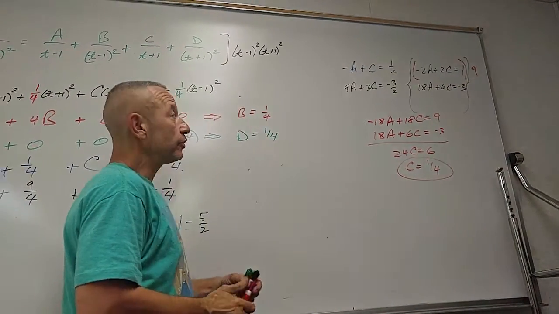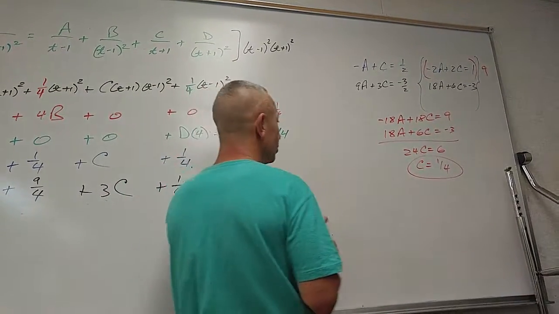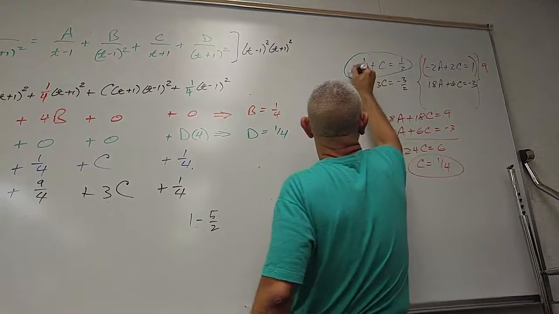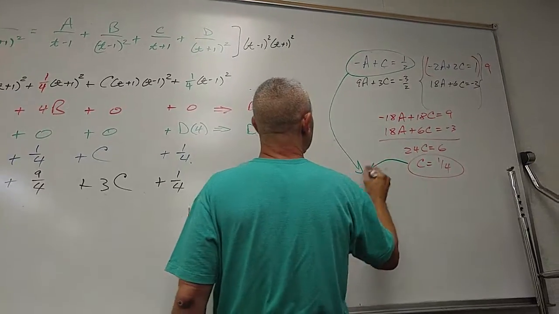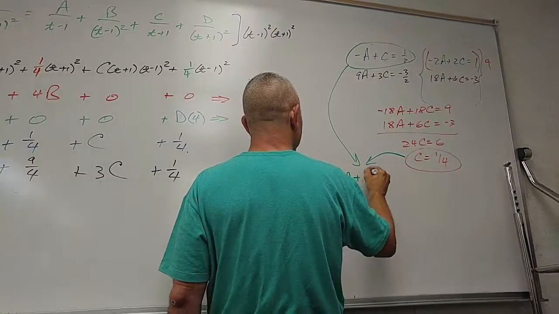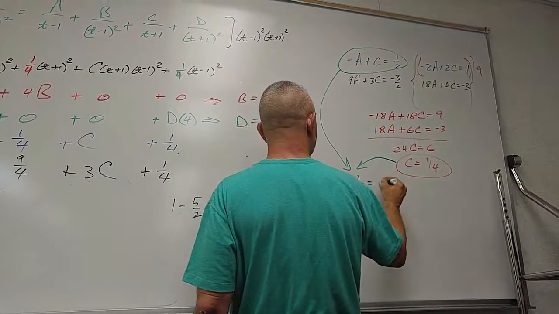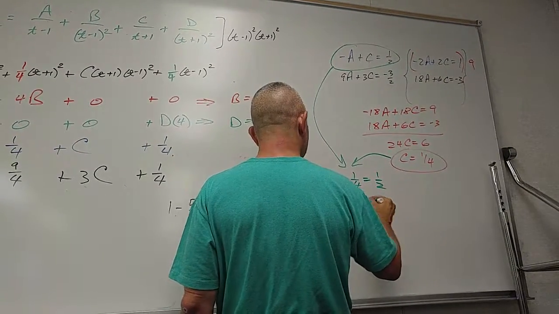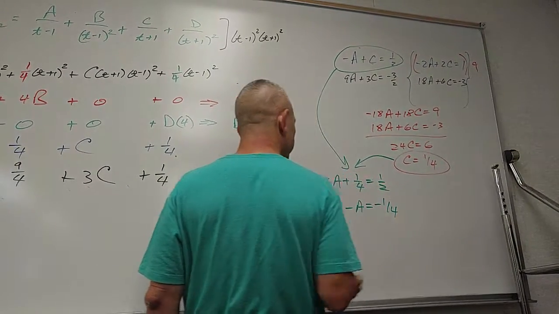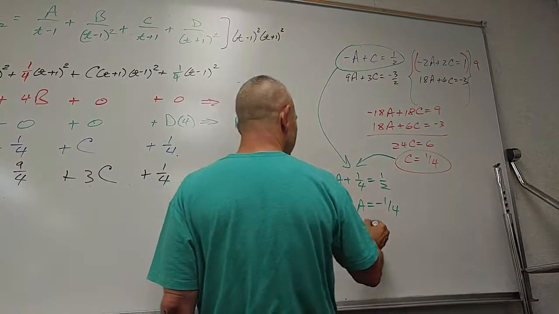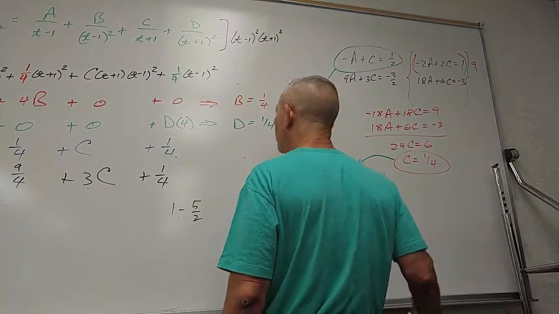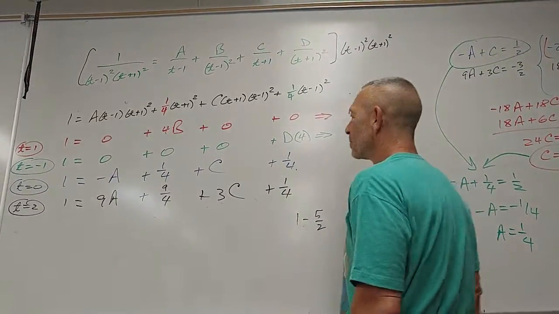Now that I know what c is, I can plug that back into one of my original equations. So minus a plus c, which is plus 1/4, equals a half. Minus a is minus a 4th. And so a is, so everything's 1/4. Is that right? Everything's 1/4.